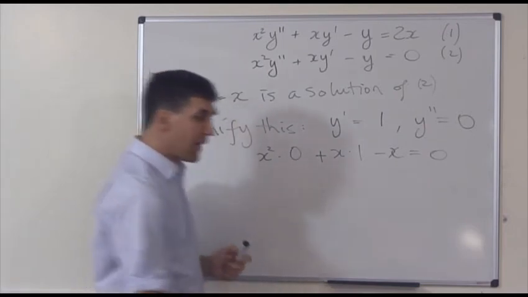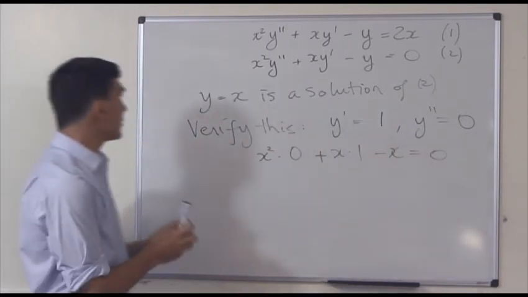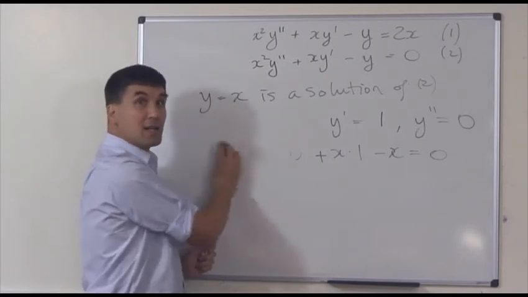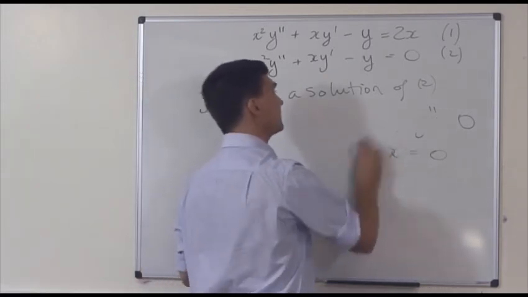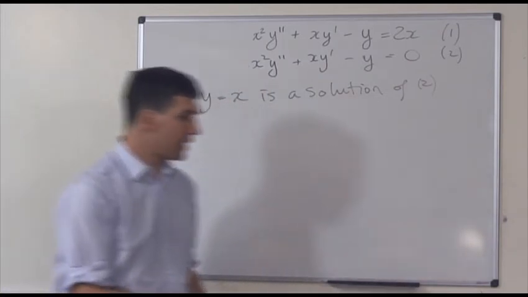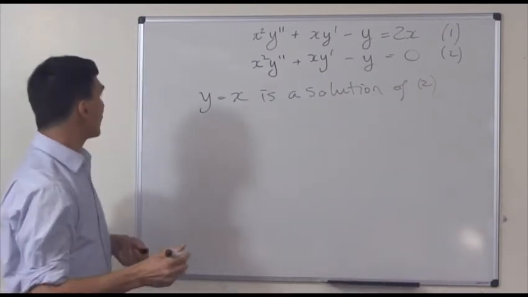Now, once we have that, the method of reduction of order proceeds by making a guess for y. And we're not going to guess y is e to the lambda x, that we've already shown doesn't work.